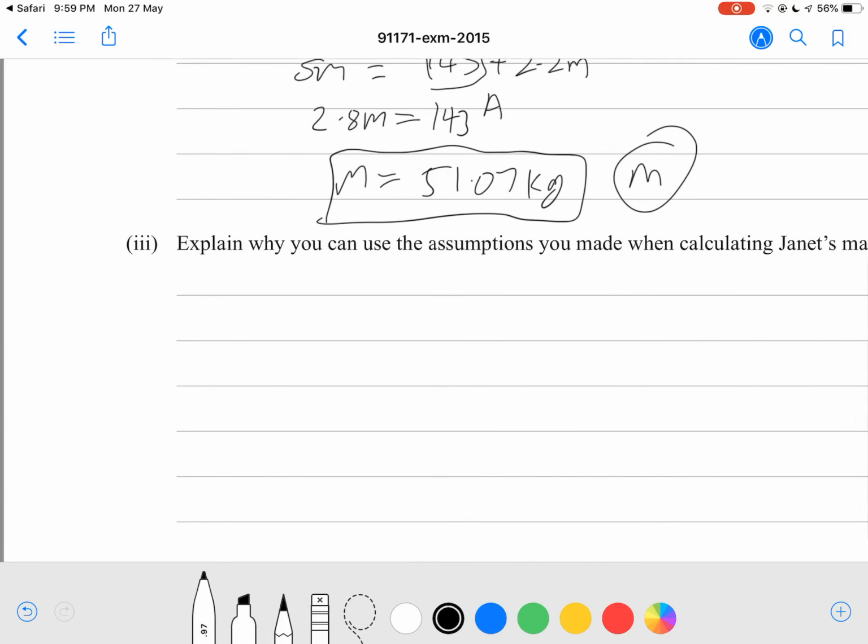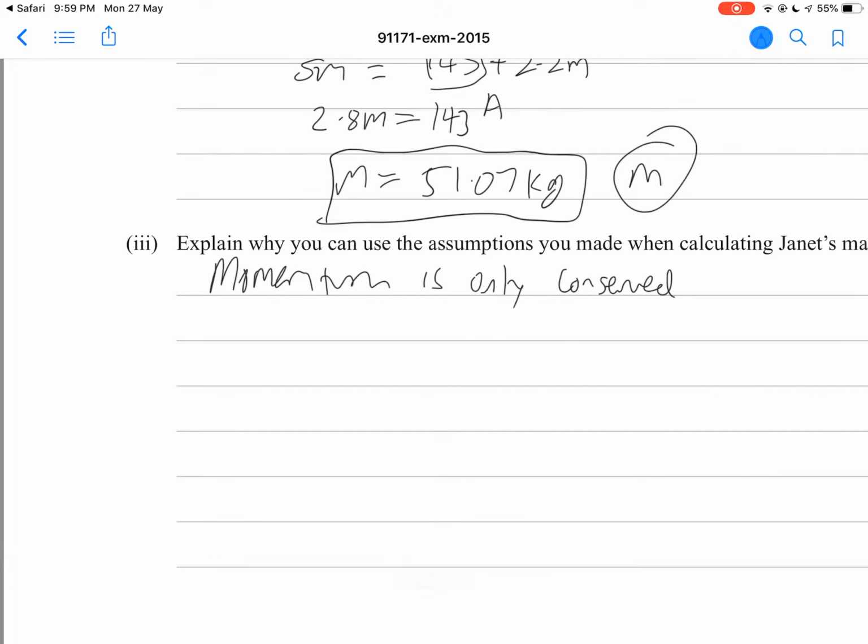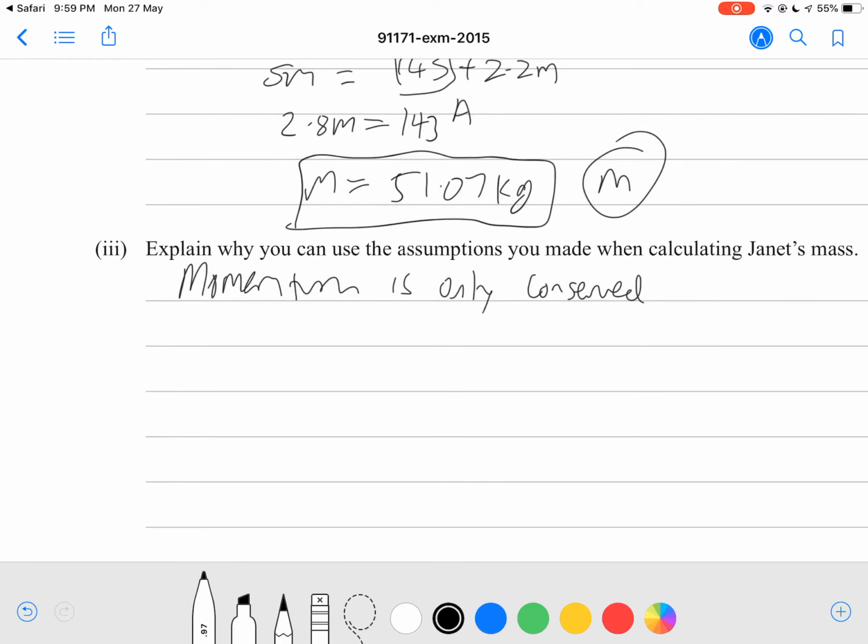So we're gonna say momentum is only conserved when there are no external forces.